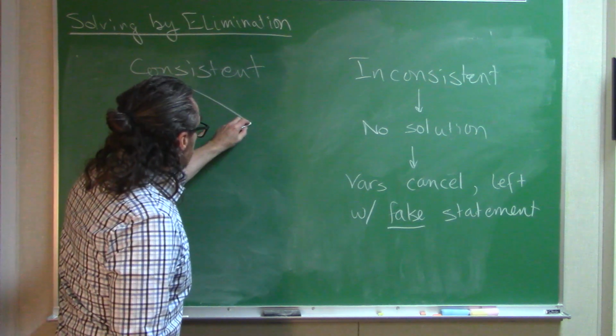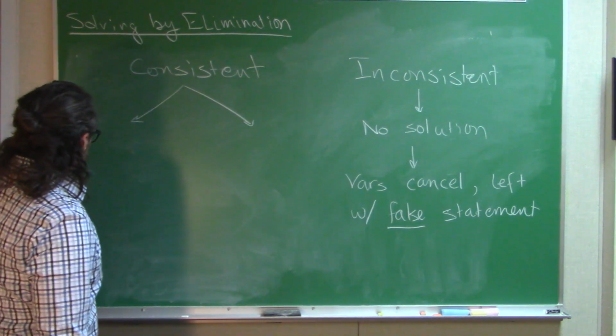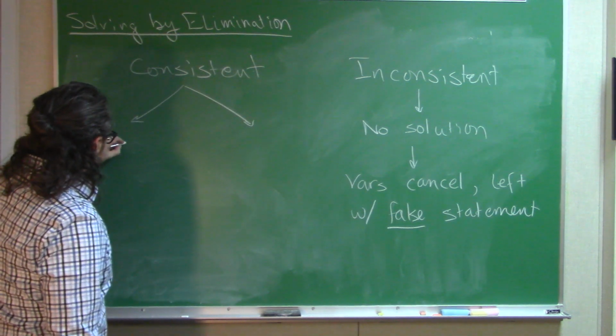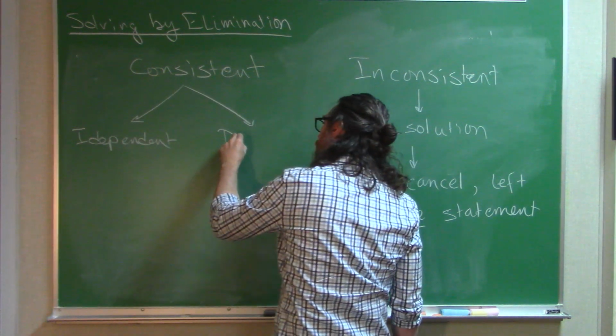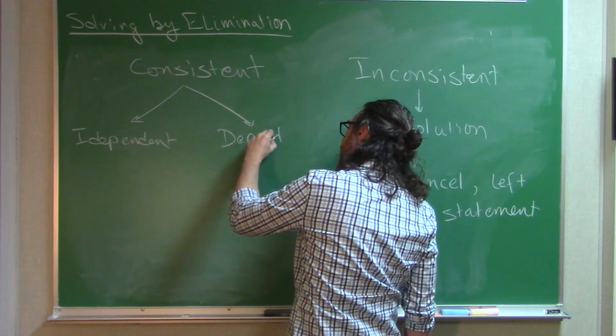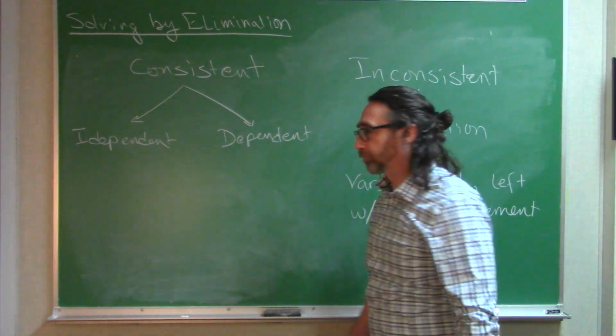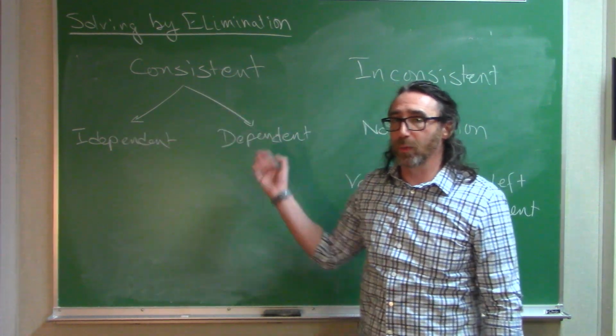Now, if your system is consistent, there are two flavors. You could have an independent system or a dependent system.